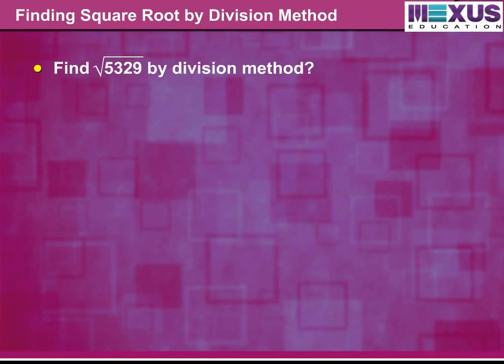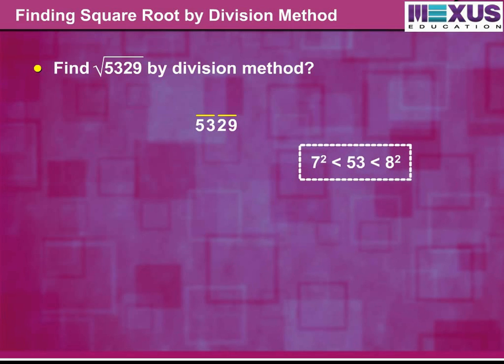Now consider the square root of 5329. Place a bar over every pair of digits starting from the ones digit. Then find the largest number whose square is less than or equal to the number under the leftmost bar.